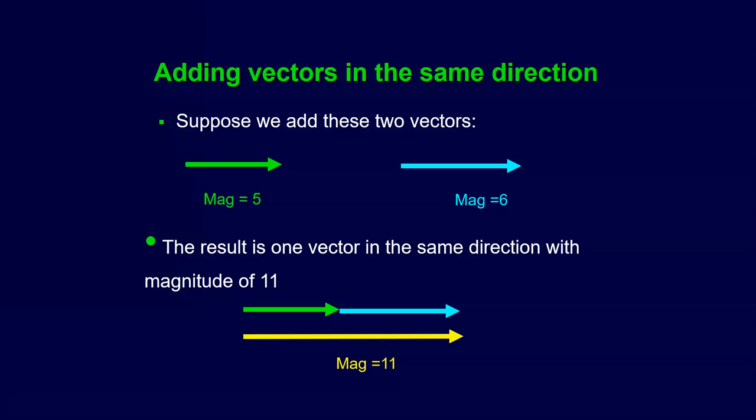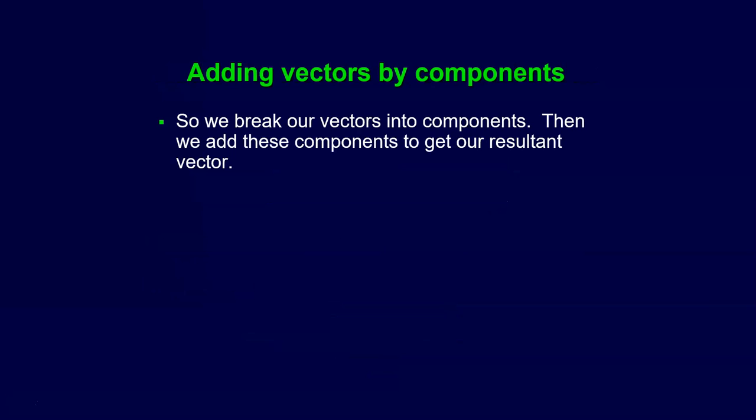So when they're in the same direction, it's easier to deal with them. However, suppose I've got two vectors that aren't in the same direction. What do I do? Well, our whole principle here is to back up and use right triangle geometry and trigonometry to figure this out. So I break these into their x and y parts like this.